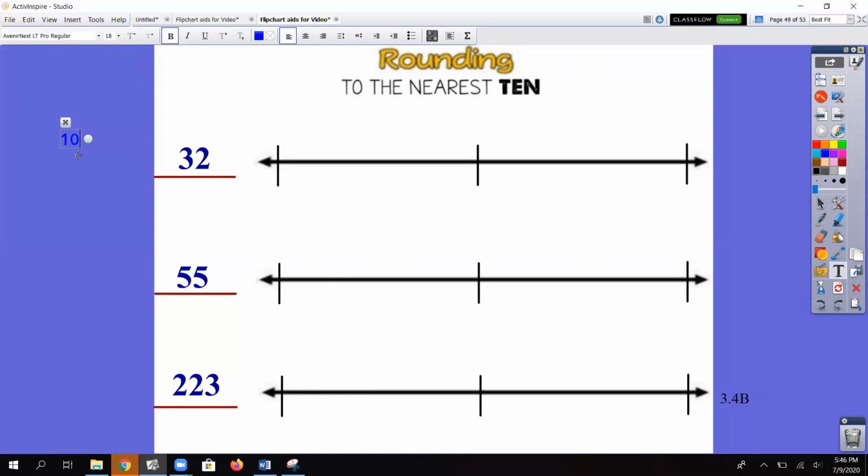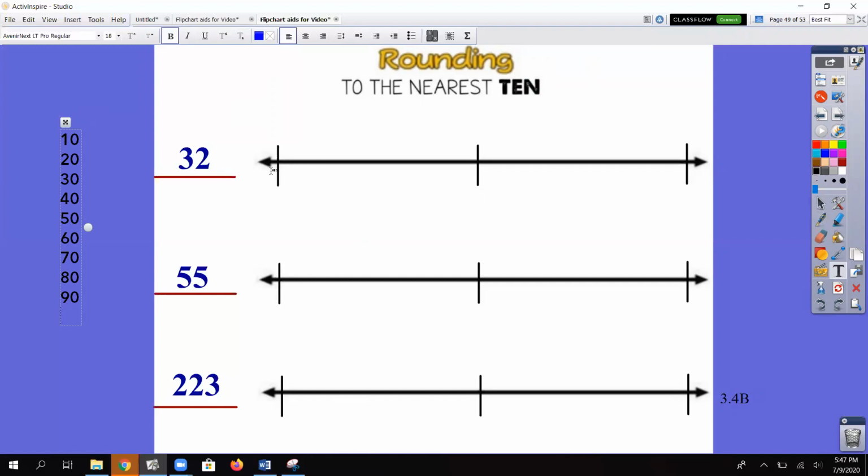Let's count by tens and write those. Let me change the colors, so you can see better. It's 10, count with me, 20, 30, 40, 50, 60, 70, 80, 90. We'll stop there. So think about, in between what 2 tens would 32 be?